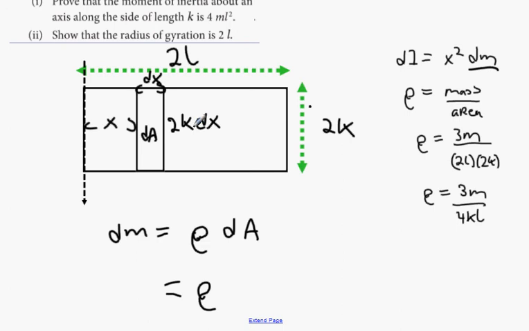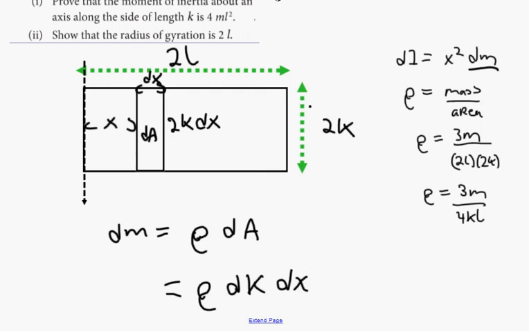The width of this is 2k, and technically you always say the shorter one is the width, so the width is dx and the length is 2k. Same thing, right? So what we're going to get is 2k dx.